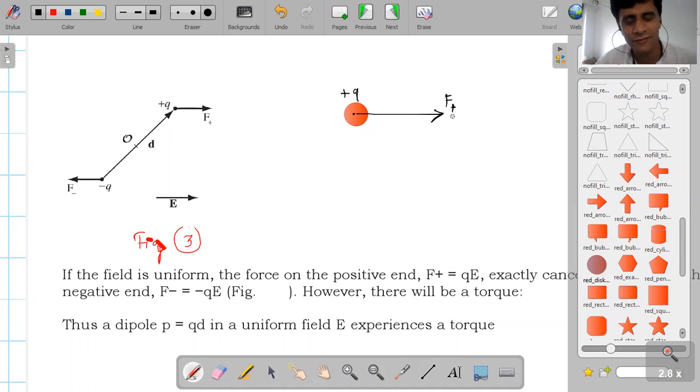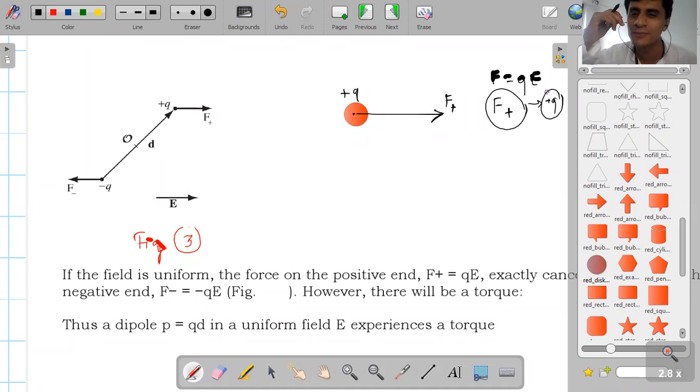We know that F equal to Q, charge, into electric field. But this is which type of charge? Positive charge, and therefore we can write F plus. F plus is the electric force due to positive charge plus Q.